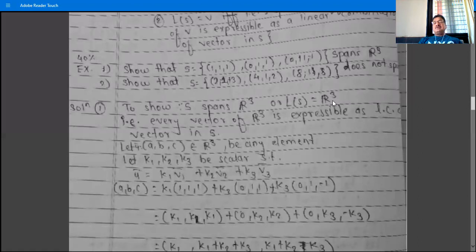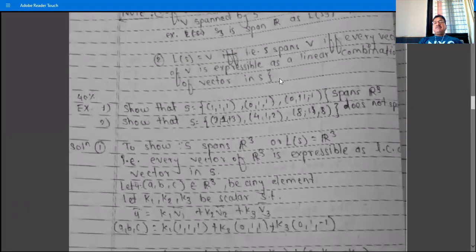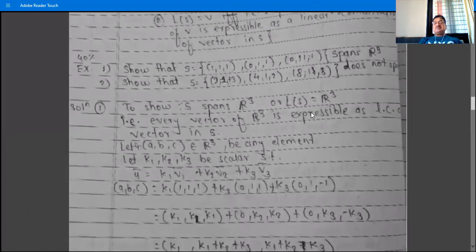And when LS is equal to V, every vector of V is expressible as a linear combination of vectors in S. So when LS is equal to R3, or S spans R3, every vector of R3 is expressible as a linear combination of vectors in S.